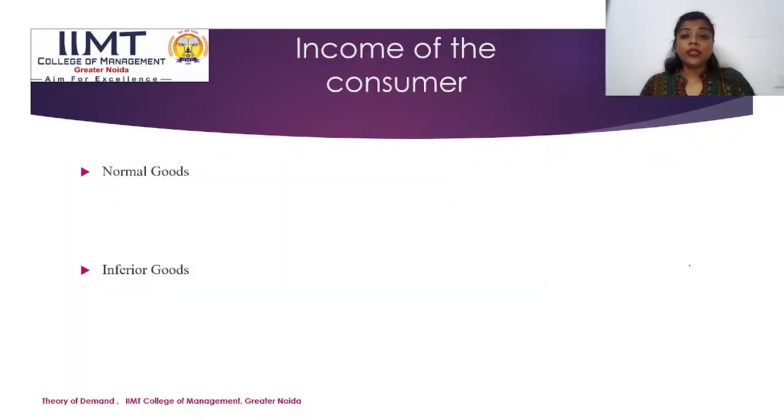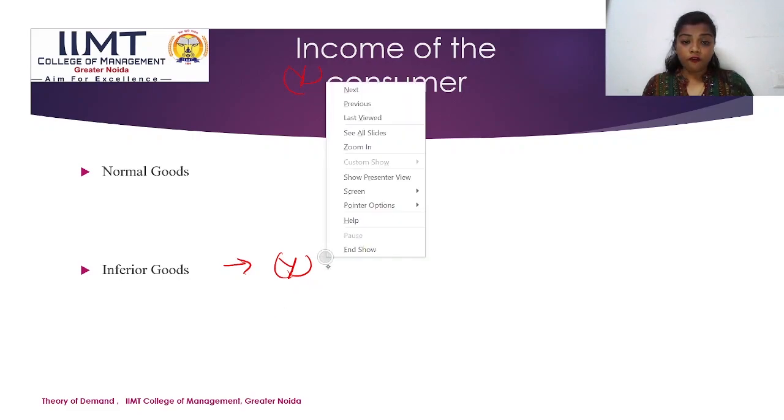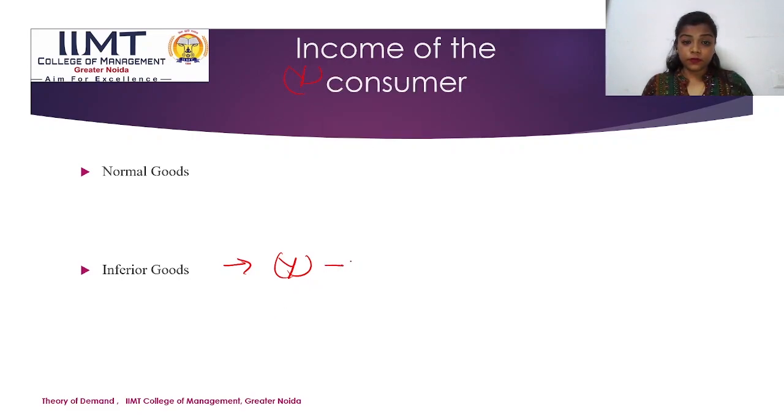Now moving on to the income of the consumer. Income is denoted by Y. If the income of a person decreases, more of inferior goods will be purchased.